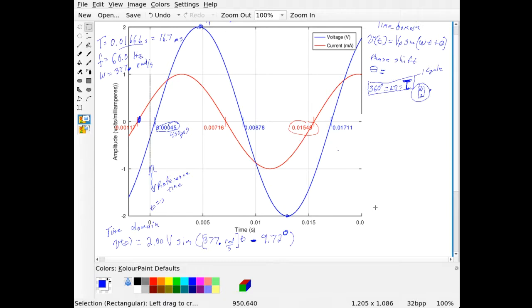We need to be comfortable with looking at a waveform and understanding what's happening.